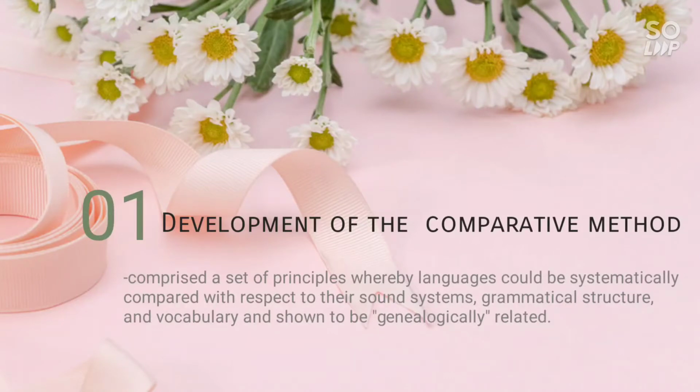Now, languages of Asia and Europe had evolved from some earlier language, which they named Indo-European or Proto-Indo-European. It is said that the Romance languages were descended from Latin, thus constituting one family. The nature of their genealogical relationship was first demonstrated by the 19th century comparative philologists.